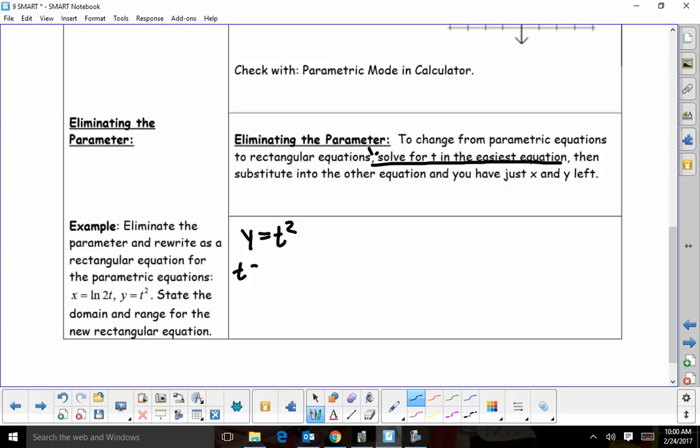What is t equal? Is that really so easy? No. I would not choose that. I'm going to have 2 equations again to try to manipulate, okay? So which one do you think I should start with? Okay, so x equals the ln of 2t. Go solve for t.